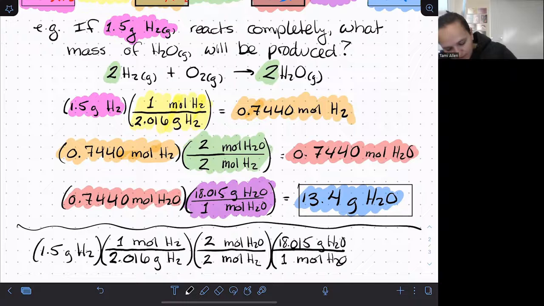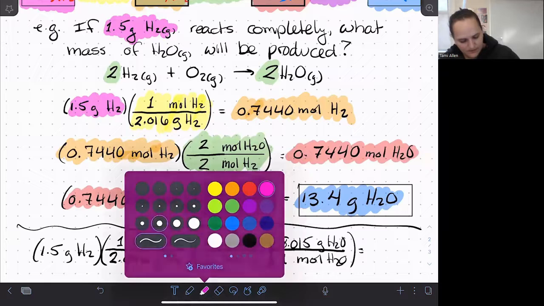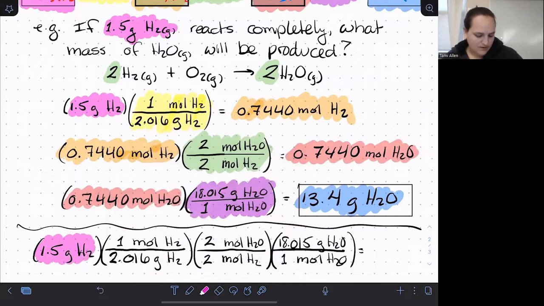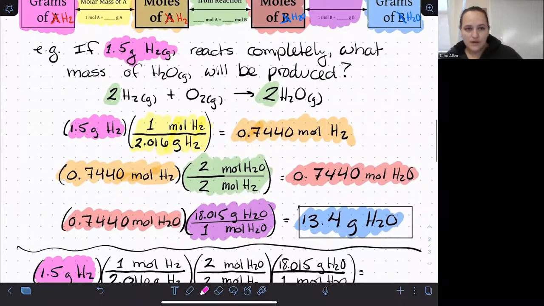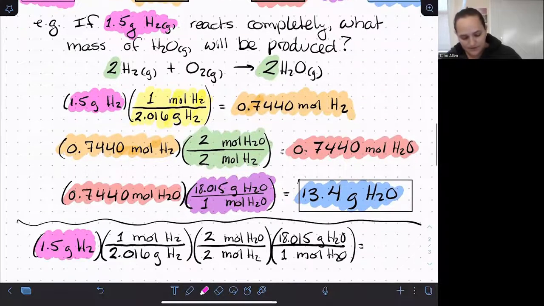using the molar mass. So this is exactly the same process, starting with my mass of my reactant, which was where we started. Then we needed to use our molar mass of that substance to convert from grams to moles. We can see that grams of H2 cancels grams of H2 here, just like it did up here.